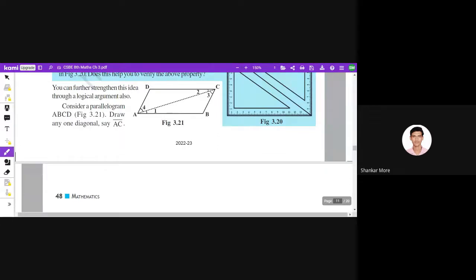So with that property, I don't actually remember the name of that property, but you can take this DC and AB as parallel lines and diagonal AC as the line which is passing through these two parallel lines. ठीक है, तो इसके जो इंटरनल एंगल्स बनेंगे, सो दिस वन 2 and 1, so ये जो एंगल्स है ये इक्वल रहेंगे.